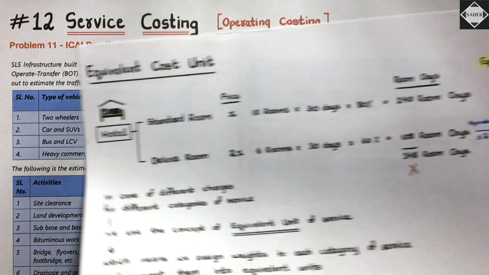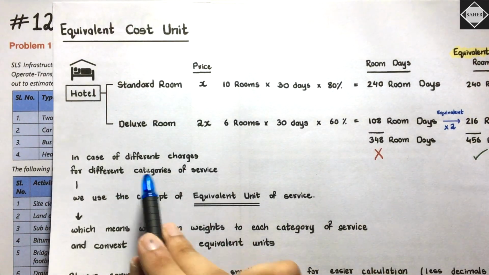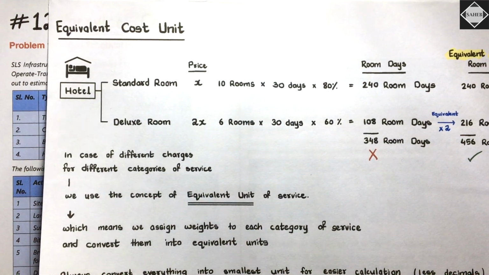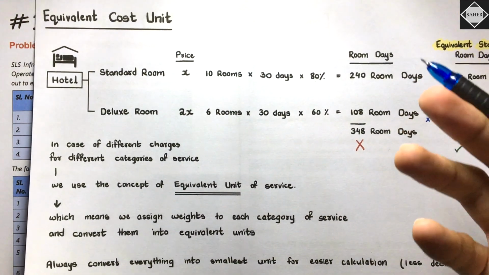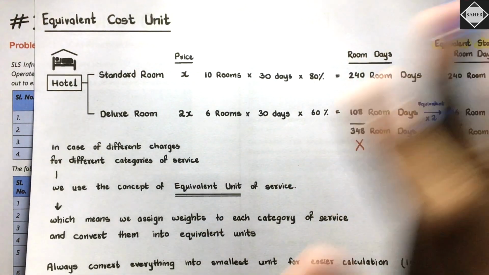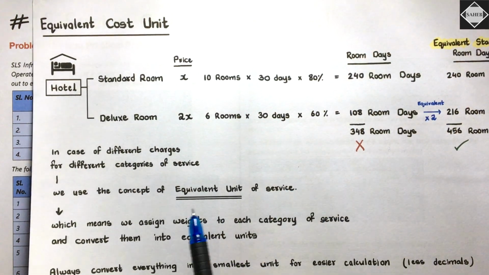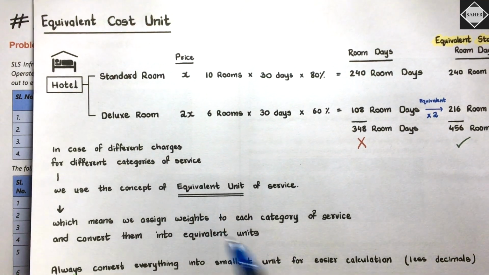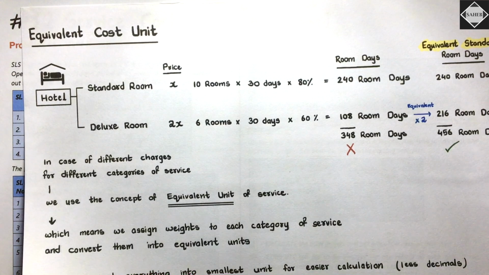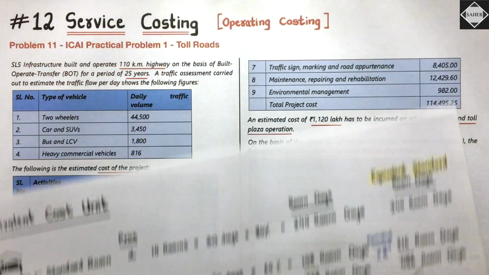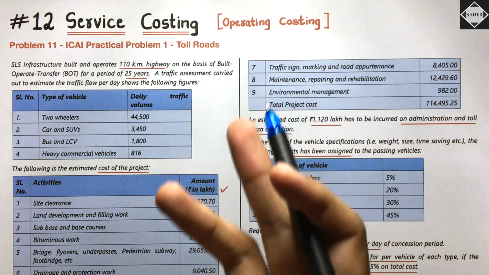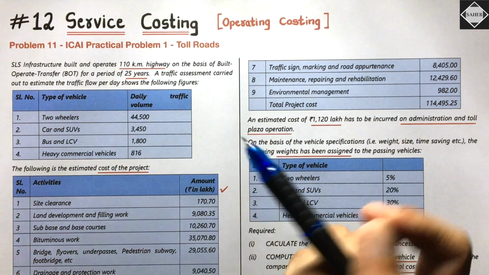If you have watched my previous video, you know that whenever we have different charges for different categories of service, there will be different types of units. So we have to bring all those different types of units to the same level, and that's called equivalent units. We have seen this in the hotel industry and the hospital industry. The same thing we have to do over here. We will convert everything into one category, and that would be the lowest one.